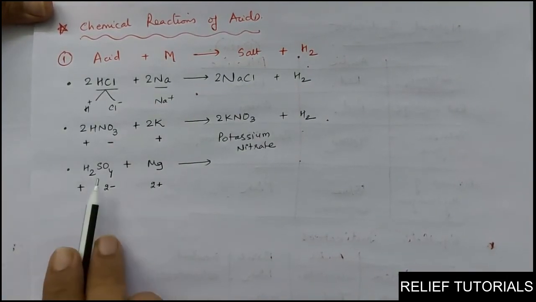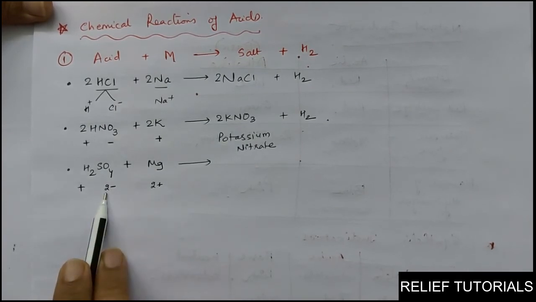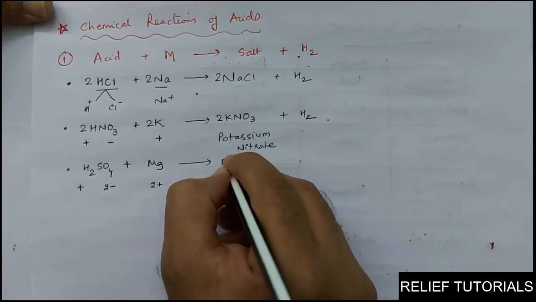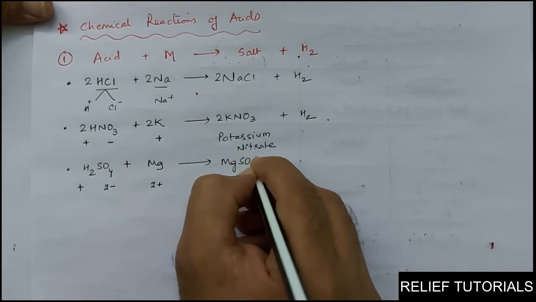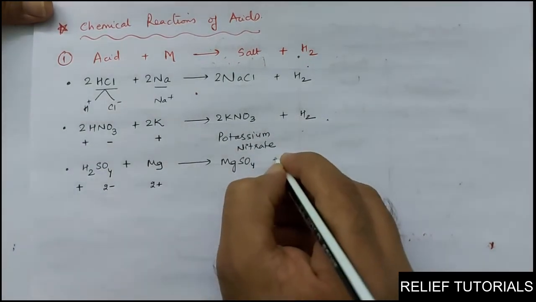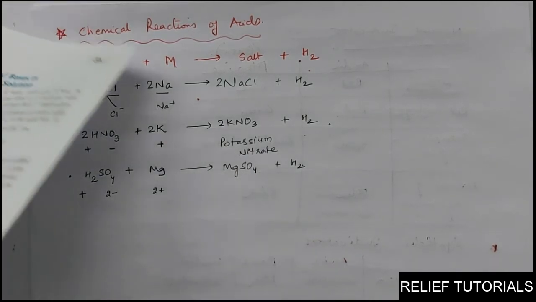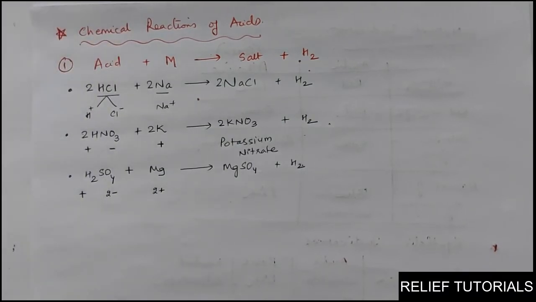So Mg2 plus reacts with SO4 2 minus. It's 2 plus 2 minus. Both are balanced charges. So it forms a single MgSO4, magnesium sulfate, and hydrogen gas is liberated. Equation is balanced. So these are some simple examples of reactions of acid with any type of metals.